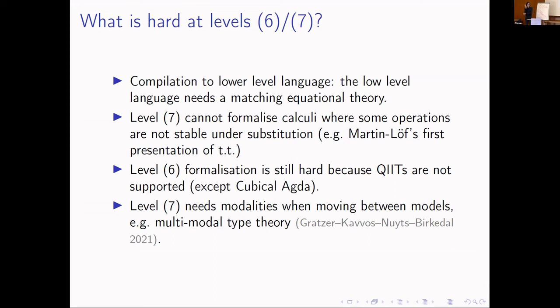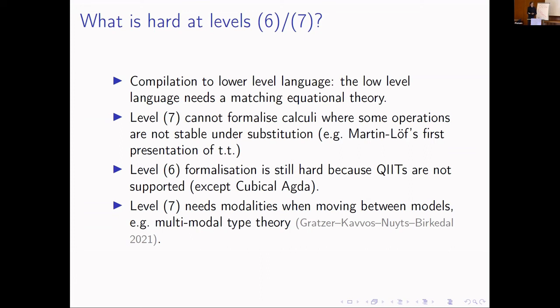Or at level 6, you cannot formalize calculi where some operations are not stable under substitution. So, for example, Martin-Löf's first presentation of type theory didn't allow substituting under lambda for philosophical reasons, and at level 6 you need more setup to allow this kind of operations which are not stable under substitution.